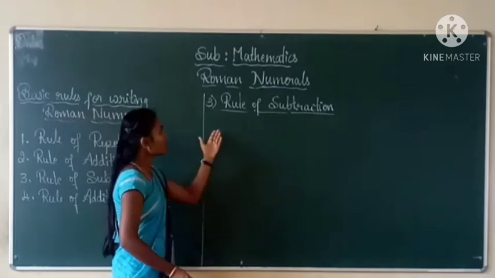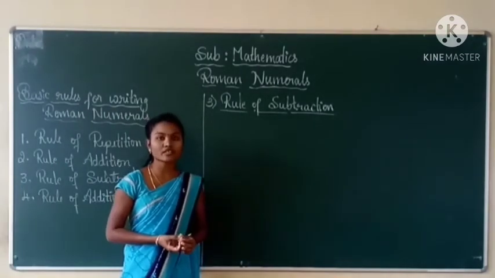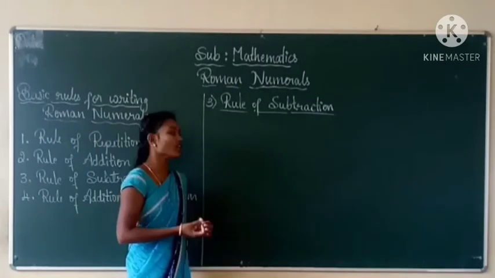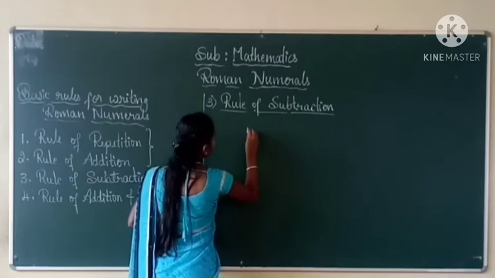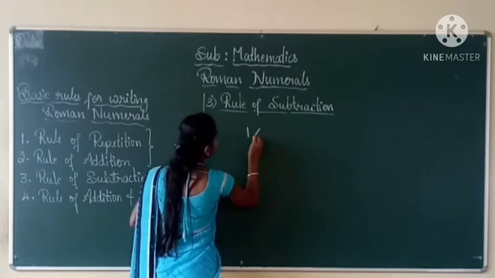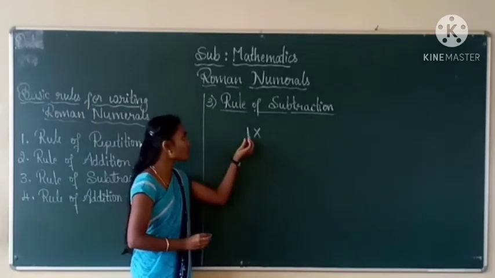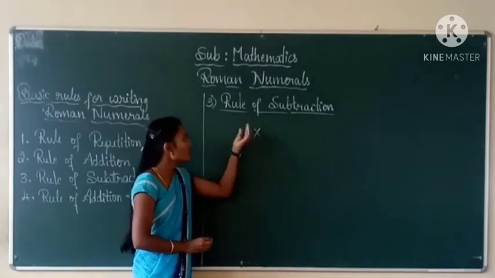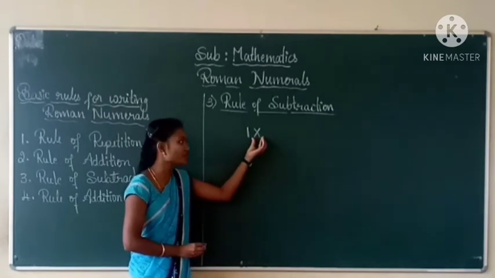Rule of subtraction says that if a smaller numeral is written to the left side of a larger numeral, it is always subtracted from the larger numeral.